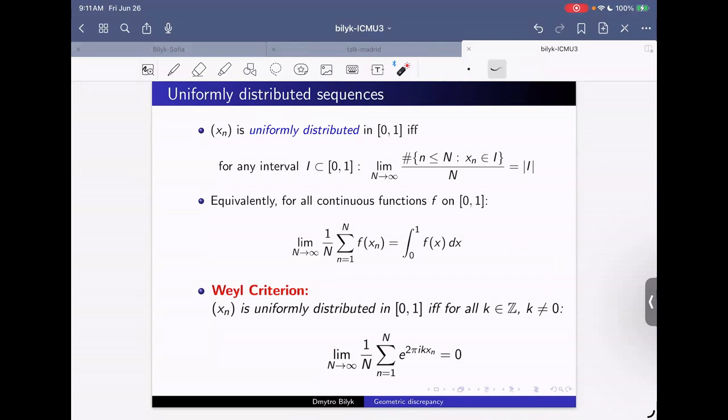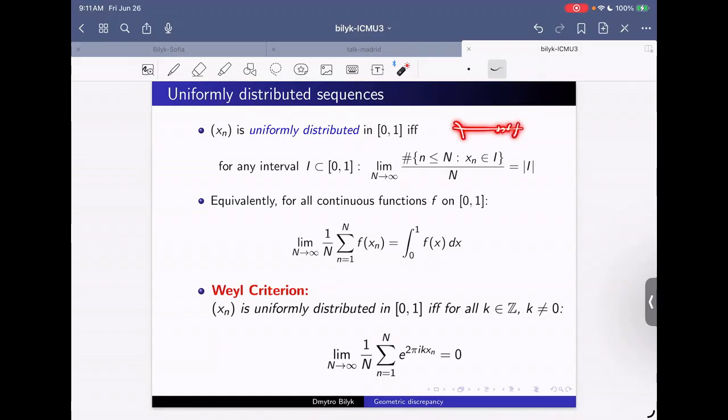Notice that the notion of uniform distribution of the sequence is pretty strong. Well, in particular, it obviously implies that the sequence has to be dense in the unit interval, right? But it implies much more, because you could have a sequence which is dense.